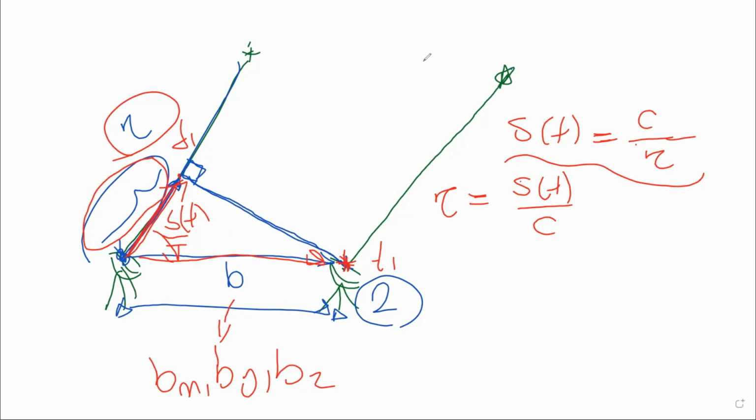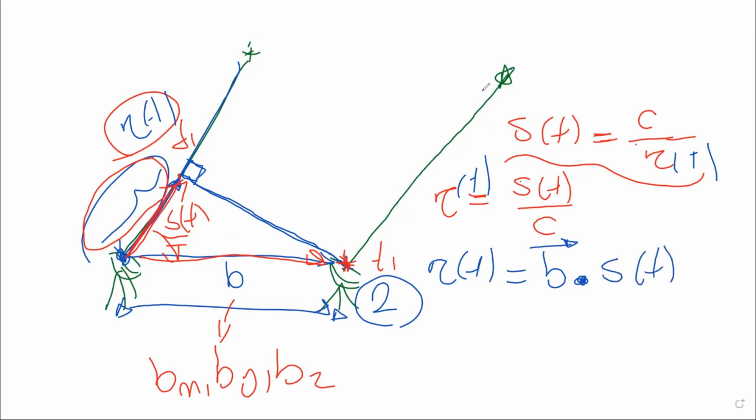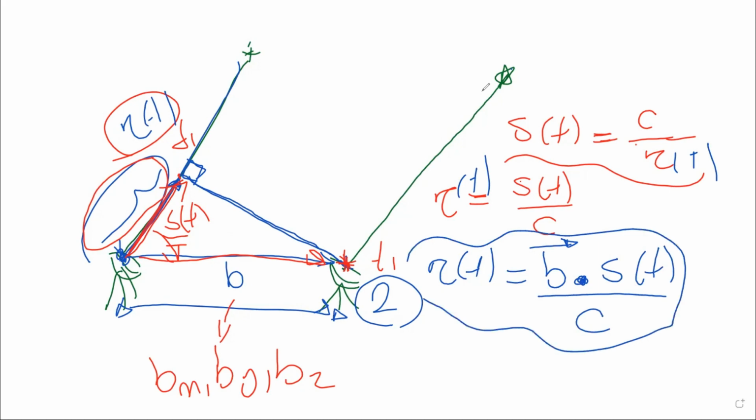I perform an inner product. Therefore, tau, the delay at time t, will be the baseline, which I multiply by an inner product with S(t), divided by C. That's the principle of VLBI.